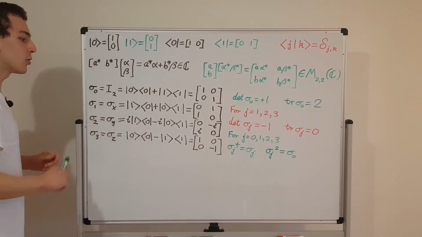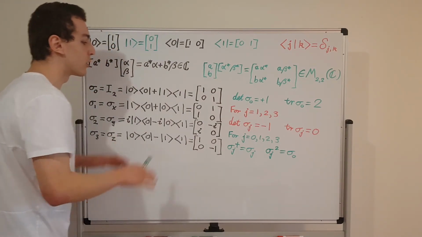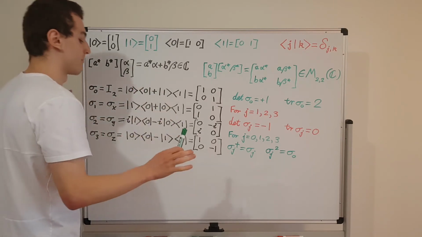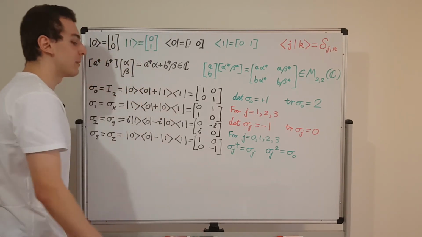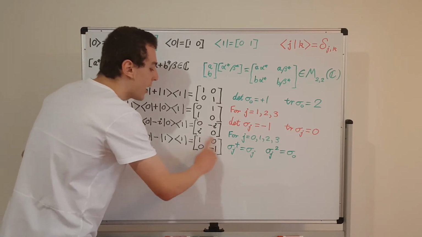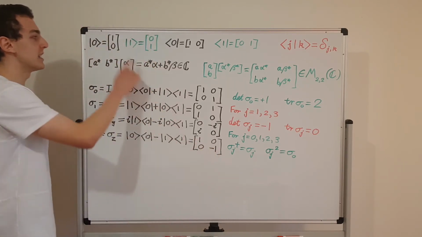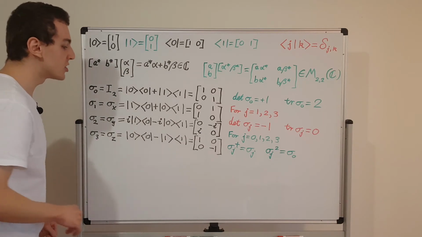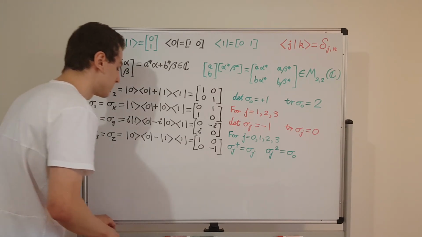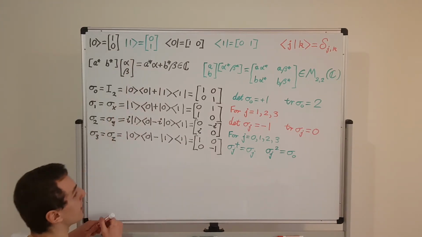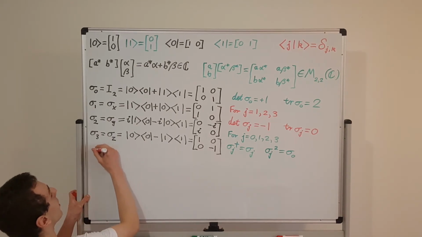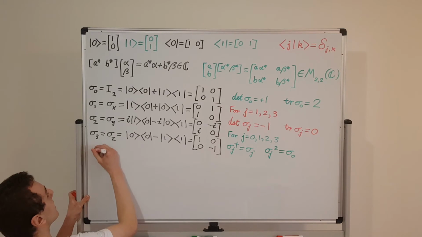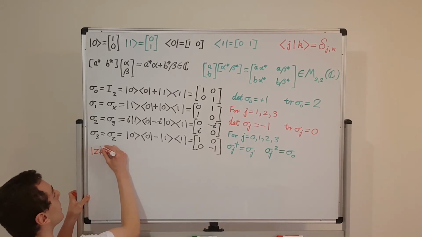Now, I also want to talk about some other bases we could represent this system in. These are eigenbases. So we're actually dealing with the basis vectors of the Pauli z operator. So this 0 and 1, they're the basis vectors of the Pauli z operator. I'll write that over here. So let's write this as the eigenbasis of z with eigenvalue plus 1.